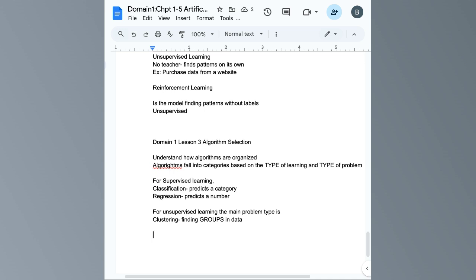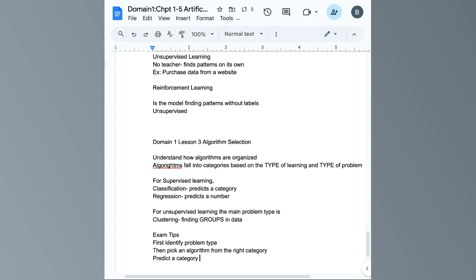The key insight for the exam is first you want to identify the problem type. Then pick an algorithm from the right category. For example, if the question is about predicting categories, you need a classification algorithm.